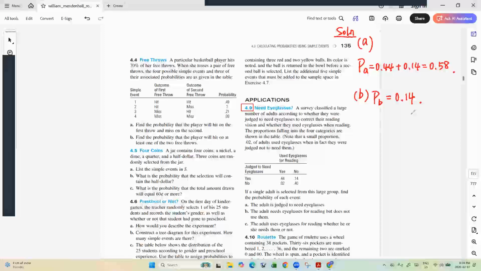Here is the result. The adult uses eyeglasses for reading, whether he or she needs them or not. Here is the result.